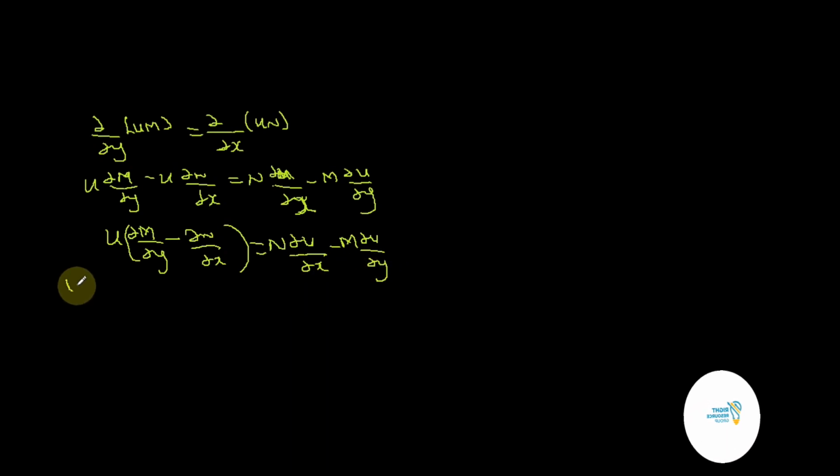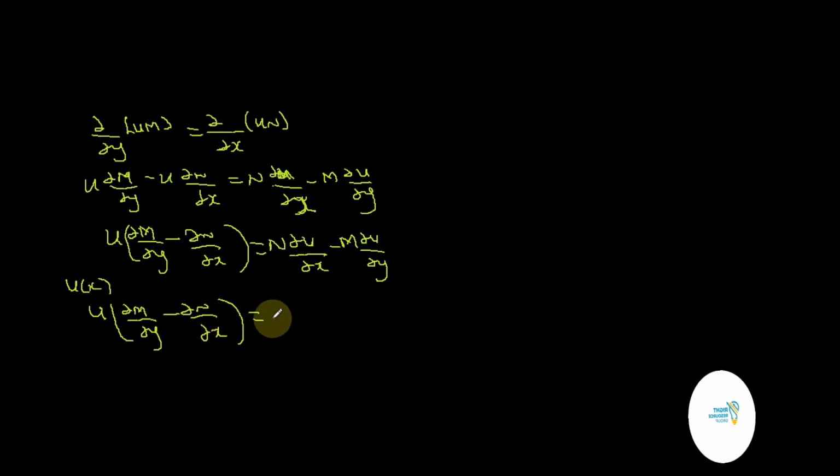Now to look for u of x, we equate what we have at the left hand side to what we have at the right hand side, but the one that has differentiation with respect to x, because we are looking for the value of u of x. The next step is to collect like terms.